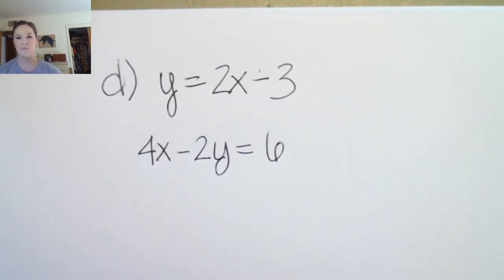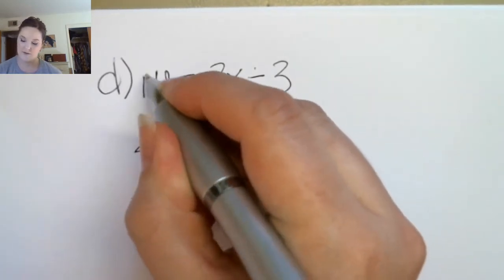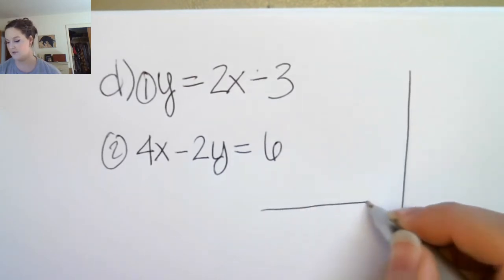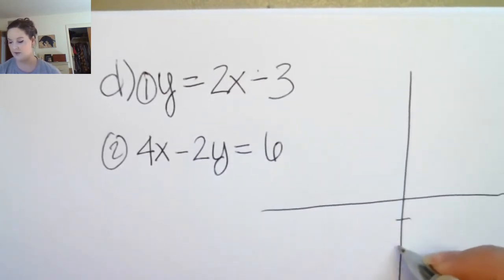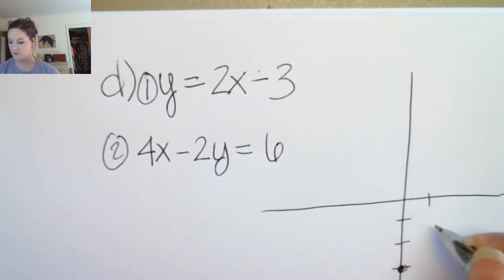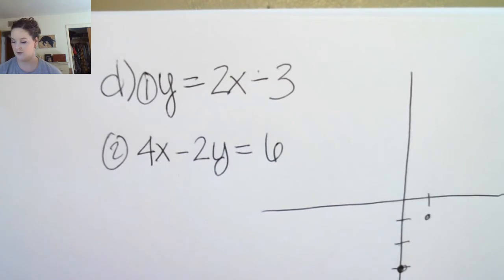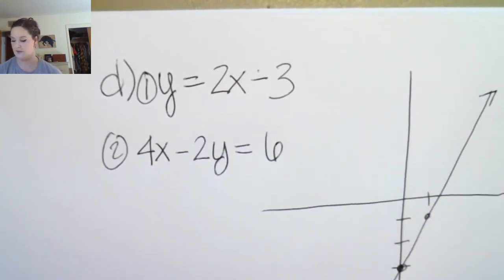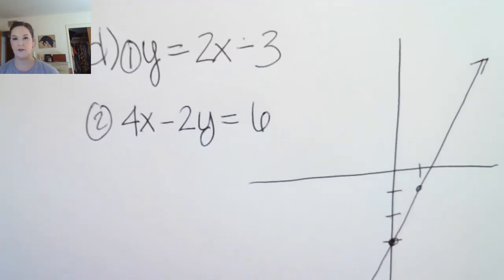This is our first line, which we know how to graph because we've graphed it several times now. We're going to start at -3, and then go up 2 and over 1. So here's our graph.